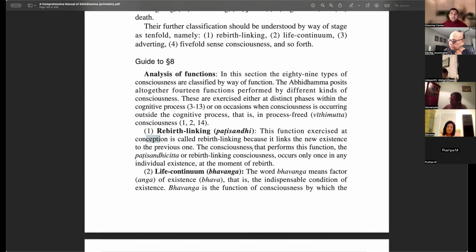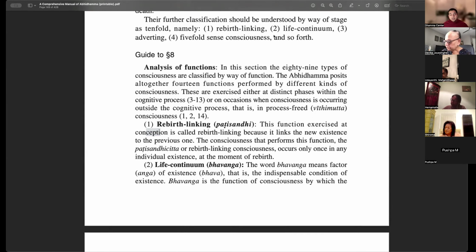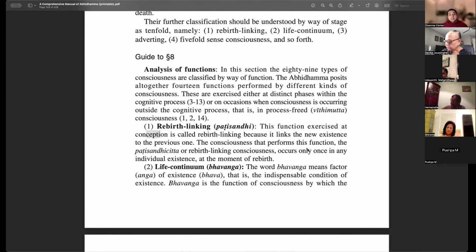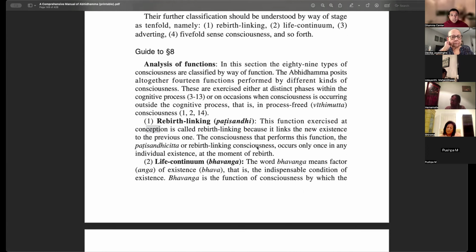When the Patisandhi arises, this Patisandhi connects the previous Chitta stream onto this life, right? It is for that reason it's called Patisandhi, rebirth linking consciousness.